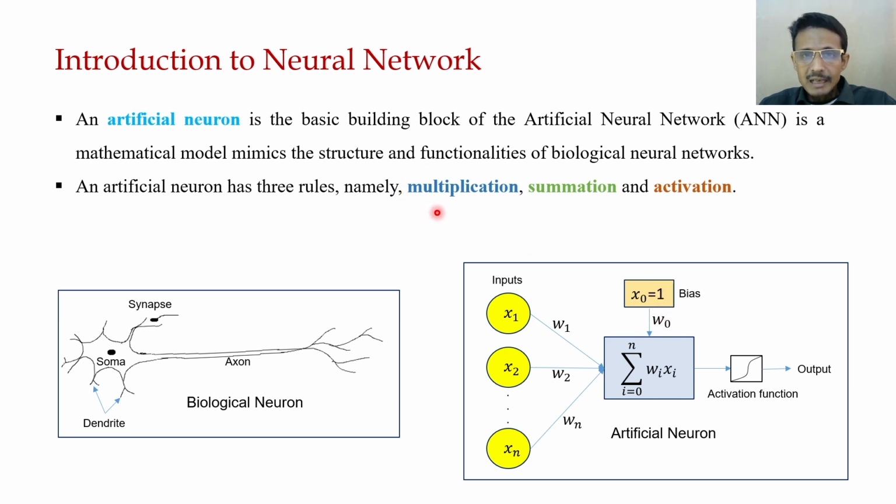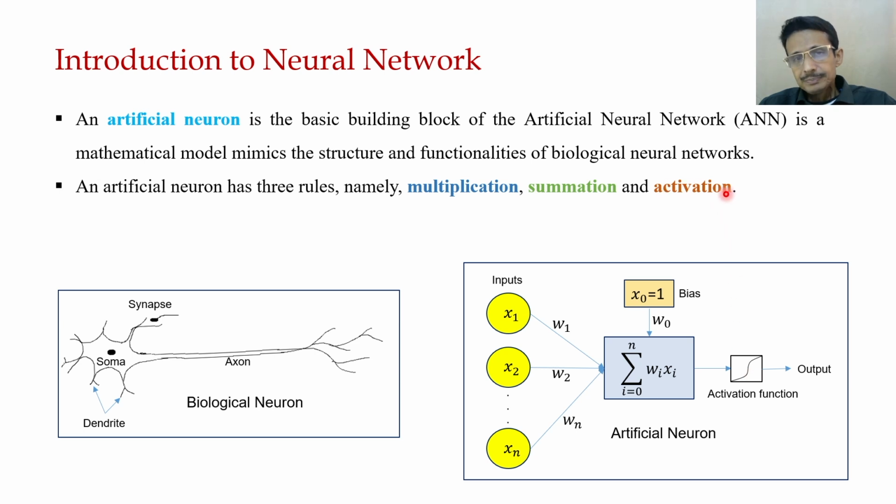Then these weighted inputs and the weighted bias are added, so the artificial neuron has a summation rule too. When we get this sum, it is fed into a nonlinear activation function.